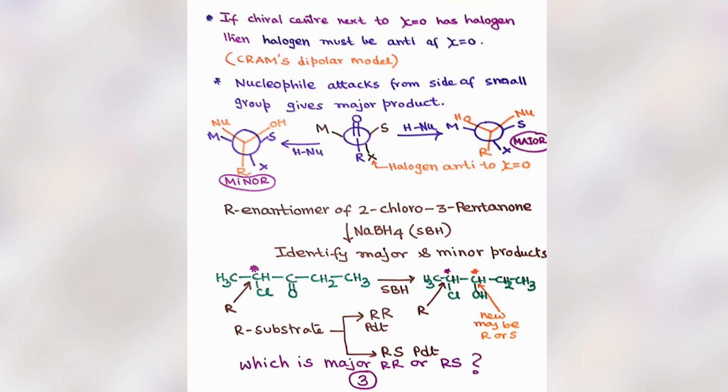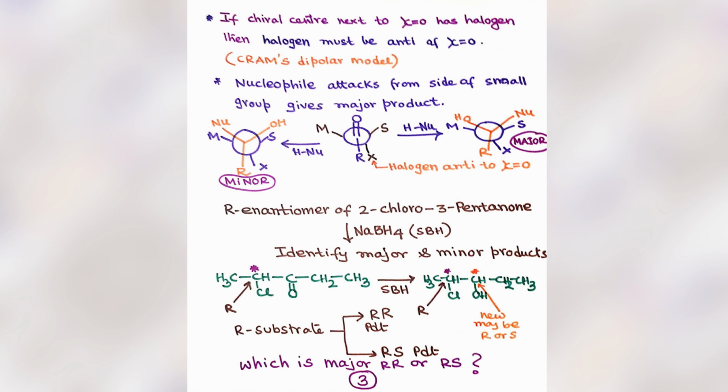Now coming to a few variations of the groups which are present at the chiral center, let us first consider that if the chiral center adjacent to the C=O contains a halogen, in that case we have to apply Cram's dipolar model.